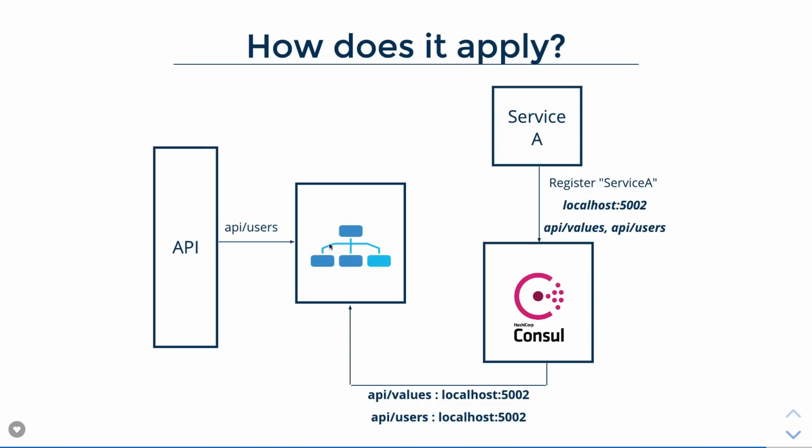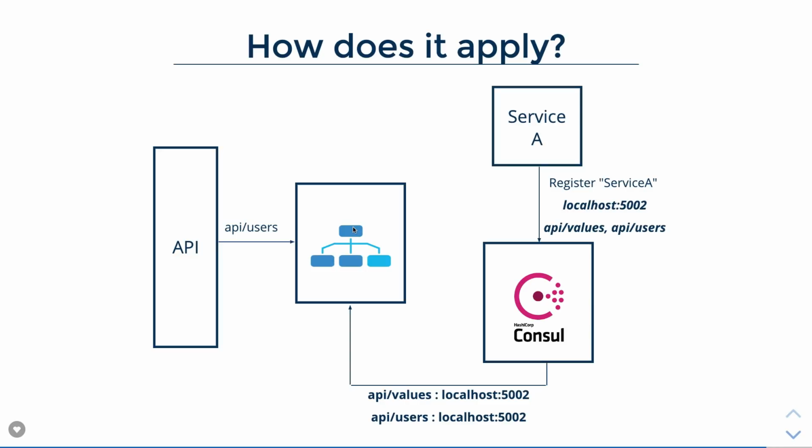Maybe Fabio fetches this from the console. So it creates this routing table saying that whenever we have a request that goes to API values, we can forward this to localhost 5002, so to the service A, because it claimed that it can handle this. And the same goes for API-users. This can also be forwarded to localhost 5002.